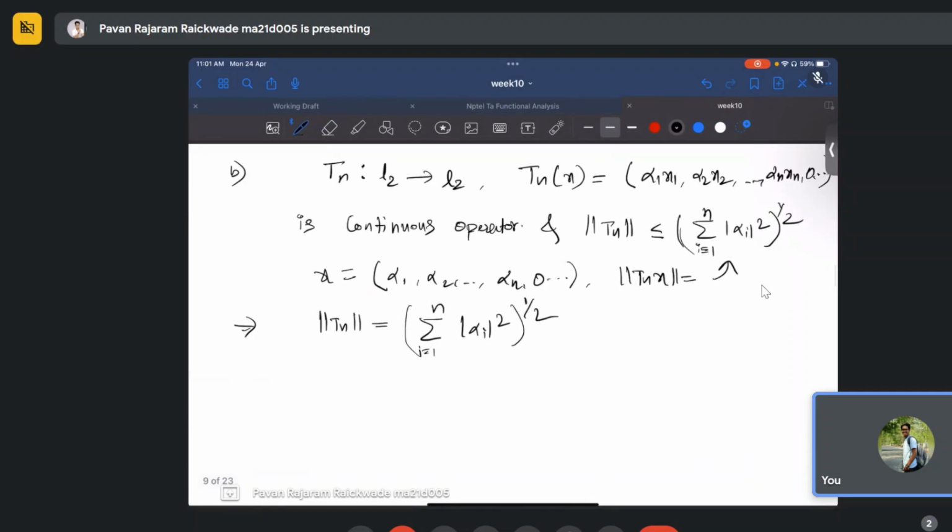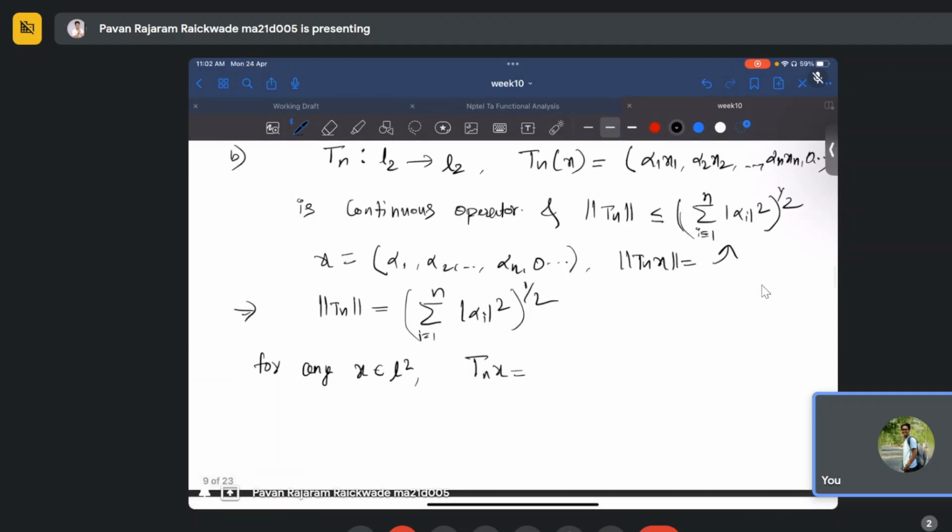But now what we know is for any x belonging to L2, Tn x equals, so what is Tn x? Alpha 1 x1, alpha 2 x2, up to alpha n xn.